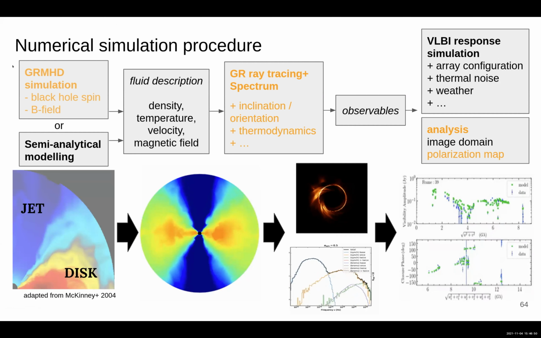So these black hole spin and magnetic field parameters become the inputs to GRMHD simulations, which provide as their outputs fluid descriptions.